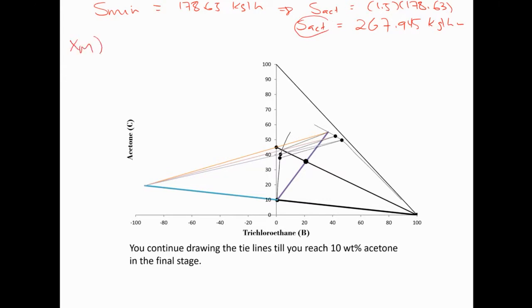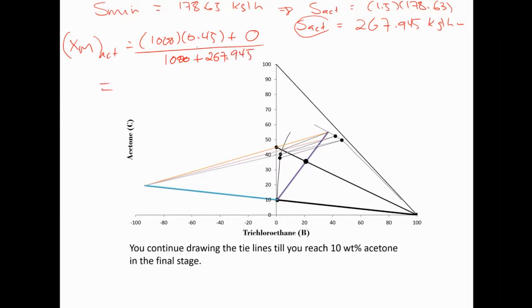So now I will use this one to obtain XM minimum. XM actual will be, the feed is 1000 as it is stated here in the statement of the problem, and it contains 1000 multiplied by 0.45, plus the solvent is pure, so there's no need to include it here, 0 over 1000 plus 267.945.